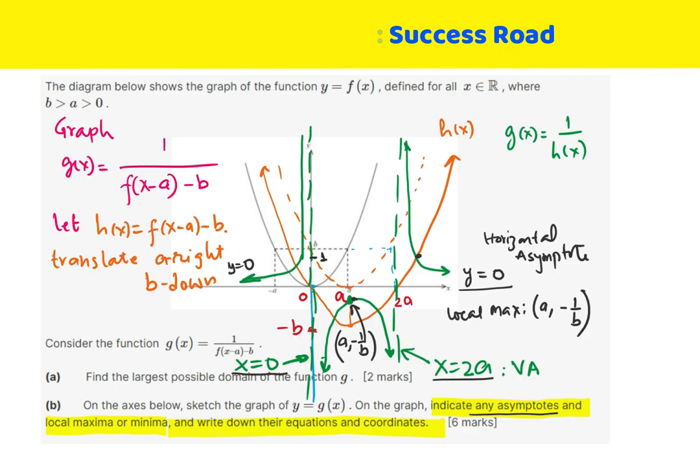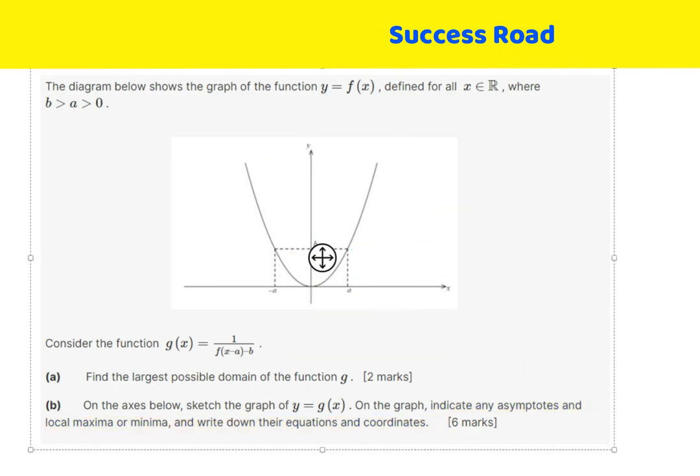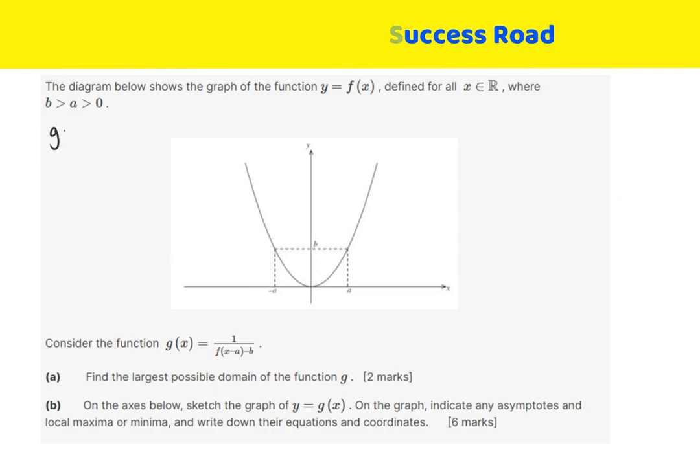Let us summarize what we did here. So the summary is that we are given the function and we need to figure out g of x, which is 1 over f of x minus a, minus b. So that means f of x minus a minus b is not equal to 0, right?